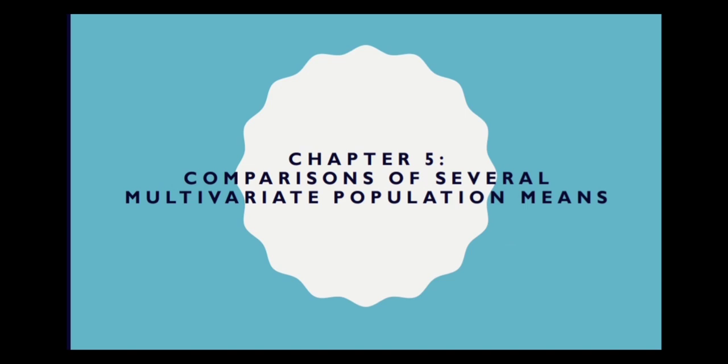But now, in chapter 5, we can see whether the several multivariate population mean, let's say we have two population, we can compare whether the population mean of the multivariate differ among first population with the second population, or first population with the third population, and so on. Okay, in the context of multivariate.